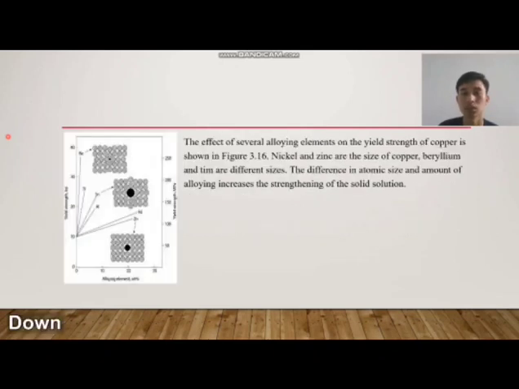Next, the effect of several alloying elements on the yield strength of copper is shown in figure 3.16. Nickel and zinc are similar in size to copper. Beryllium and tin are different sized. The difference in atomic size and the amount of alloying increases the strengthening of the solid solution.